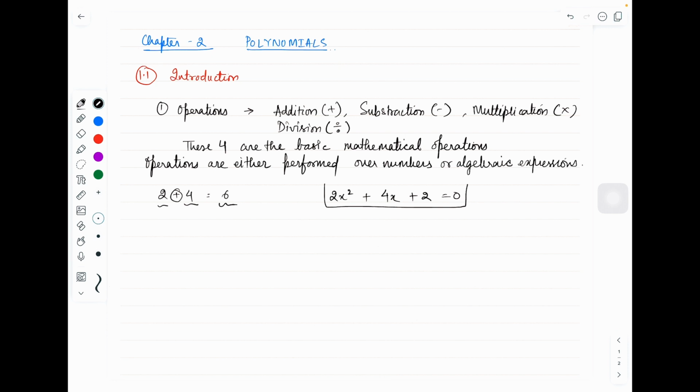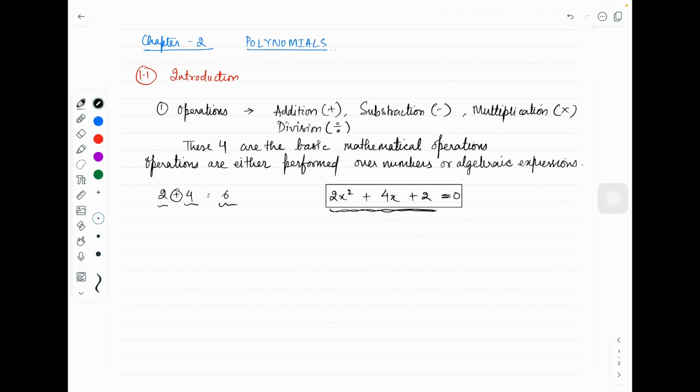This is a polynomial. I will talk more about algebraic expressions and polynomials in detail. Take this as an example. This is a quadratic expression, and this equation is also a polynomial.